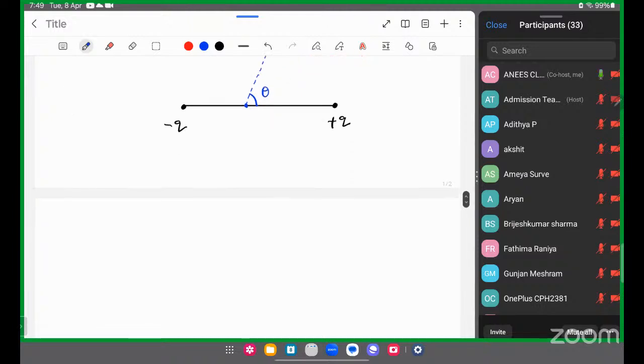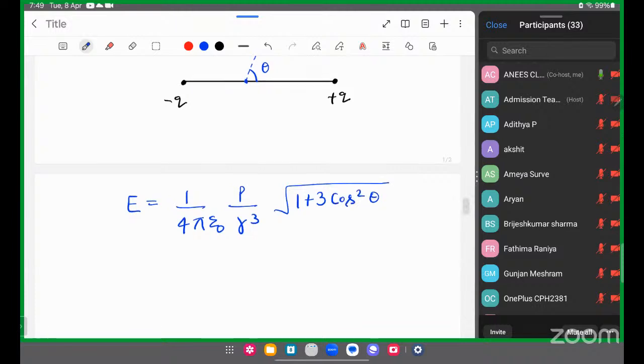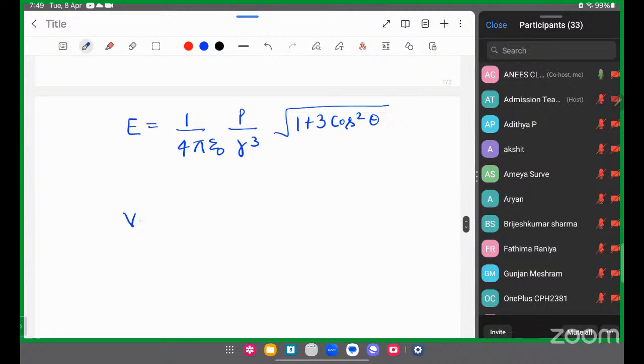The formula will be E is equal to 1 upon 4 pi epsilon naught, P by R cube, square root of 1 plus 3 cos square theta. This formula is valid for all the cases, equatorial, axial, or any other case. Potential is 1 by 4 pi epsilon naught, P by R square, cos theta.